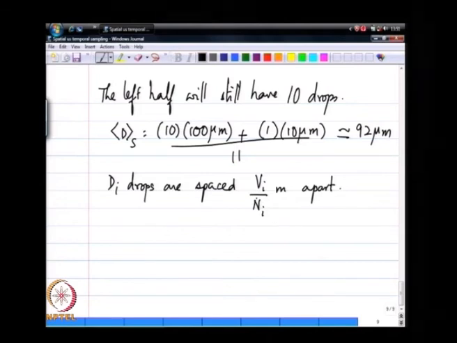Okay. So, let us say in this case I take a situation where V I divided by N I dot is, and let us say L is the sampling domain height.